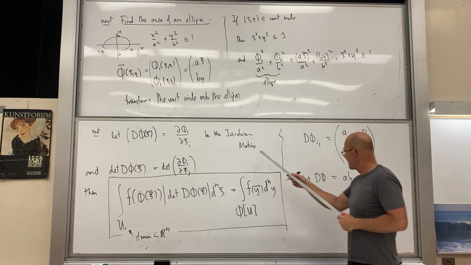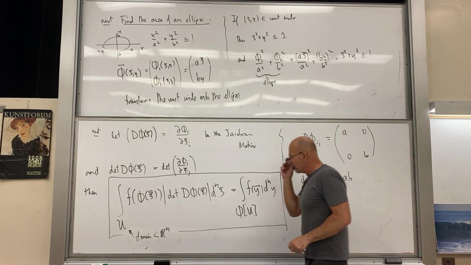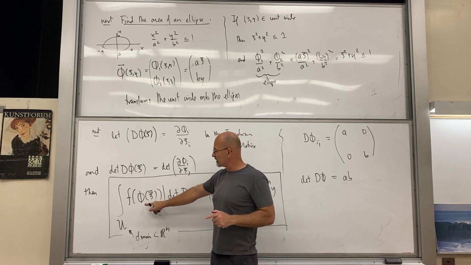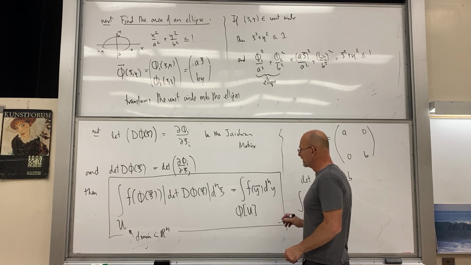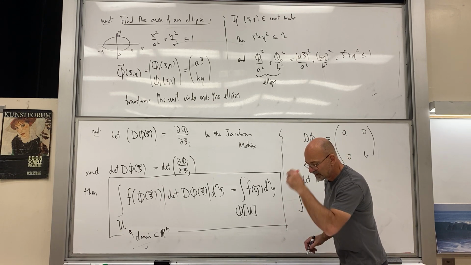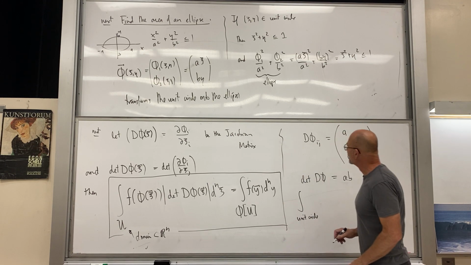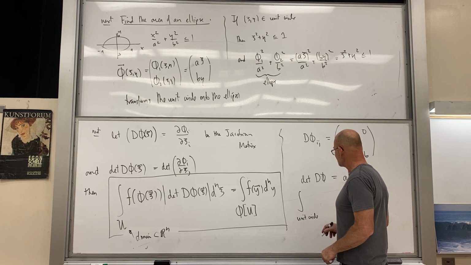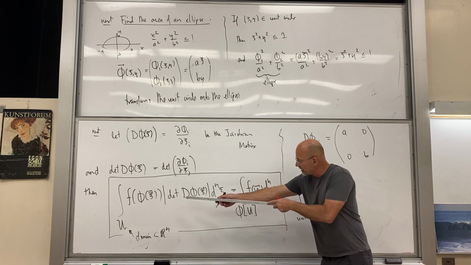So good. Actually, we can have it all on the board at once. Now we're going to go ahead and write this thing down here. The function f in this case, since we're just looking for the area, is just 1. Okay, we're just looking for the area. So here we have the unit circle, which is what we're integrating over here. The determinant, okay, so this is this formula right here.